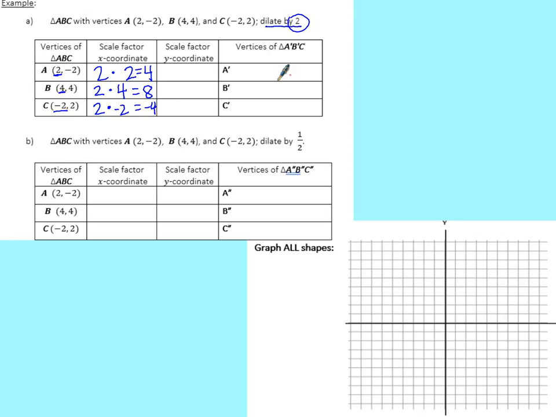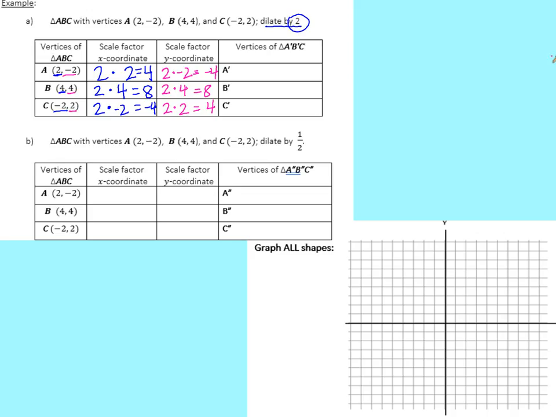Moving on to our y values then, we're still using the same scale factor of 2. So we multiply 2 times now our y value, which was -2. And that's -4. And then we take our scale factor and multiply it by the next y value, 2 times 4, that's 8. And then our scale factor of 2 times our last y value of 2, 2 times 2 is 4.